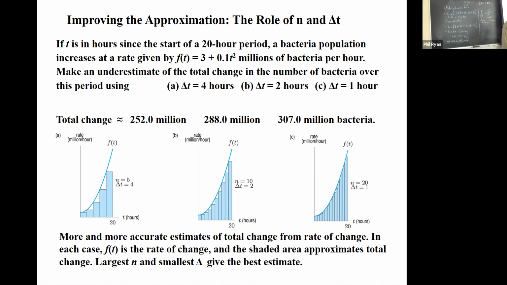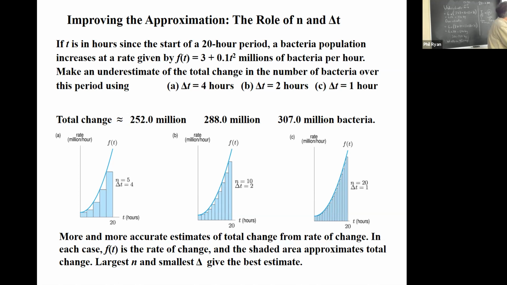Next we try every 1 hour. If delta t is 1 hour, we're going to need 20 rectangles to cover the 20 hours. Here's our 20 rectangles. We add it all up, we get 307, and we see that we have a pretty small error.